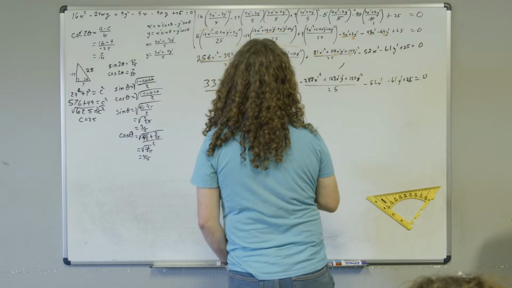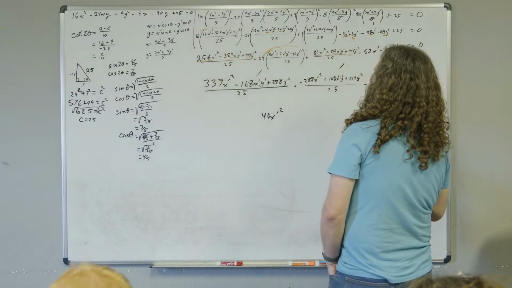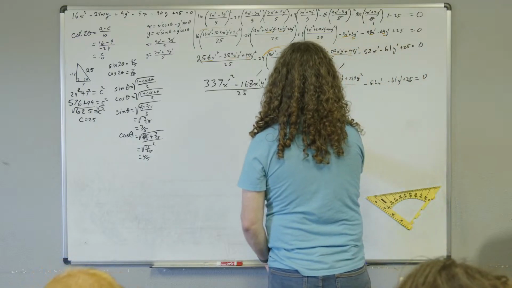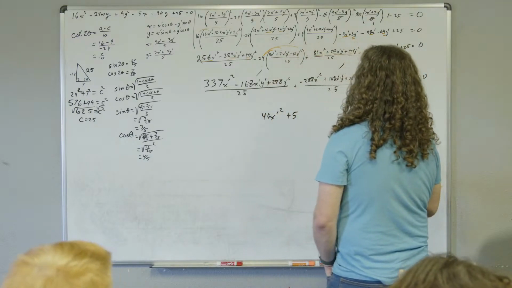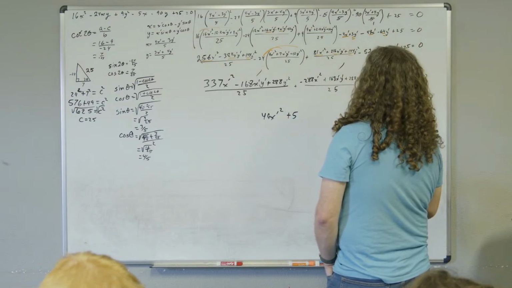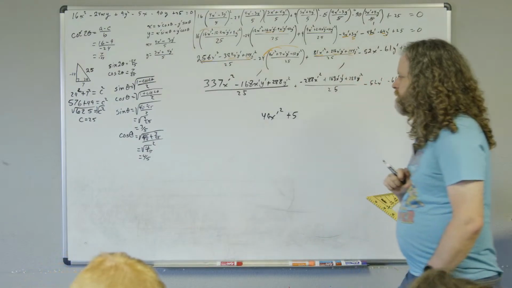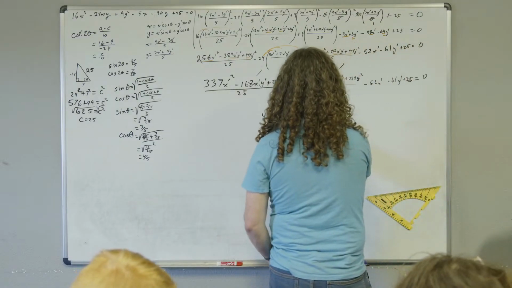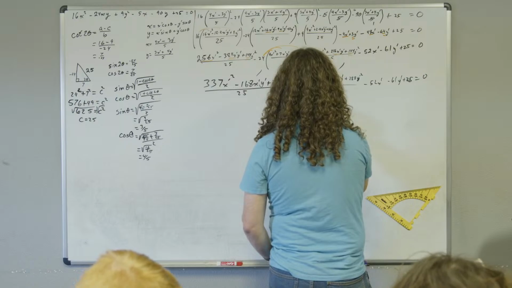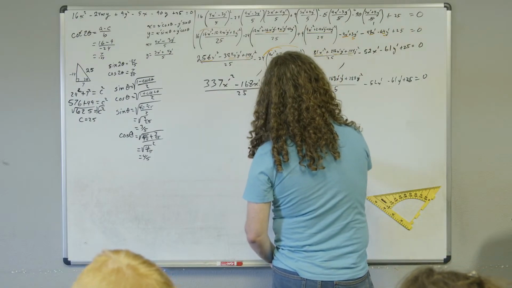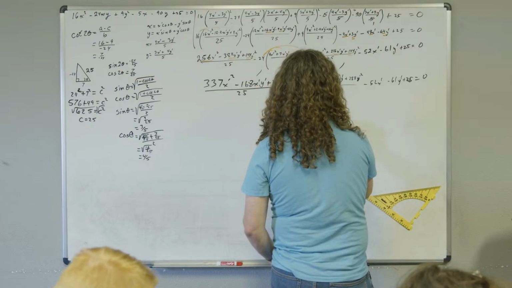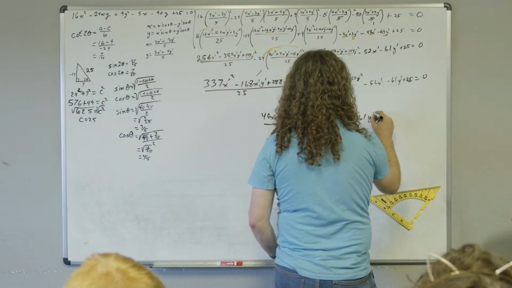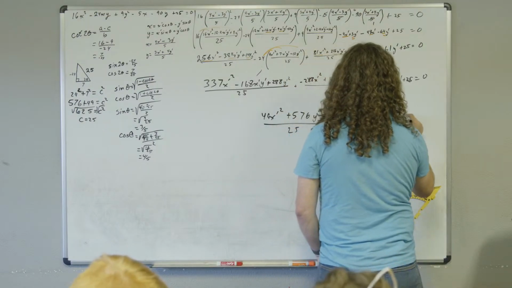Canceling those. 288 plus 288 be 500 and something. Sorry. 576. 288 times 288. Squared, that's over 25 minus 52x prime minus 61y prime plus 25 equals 0.